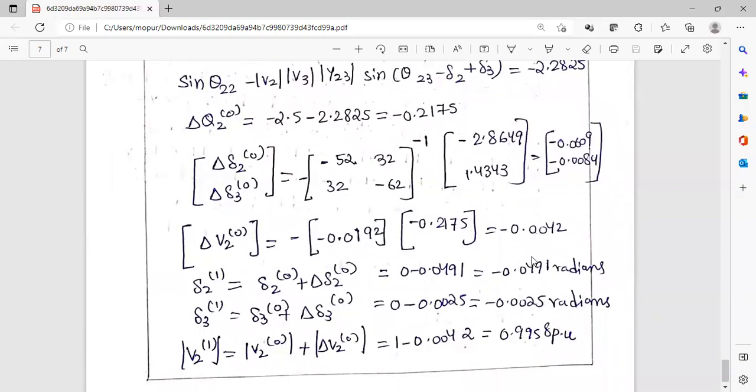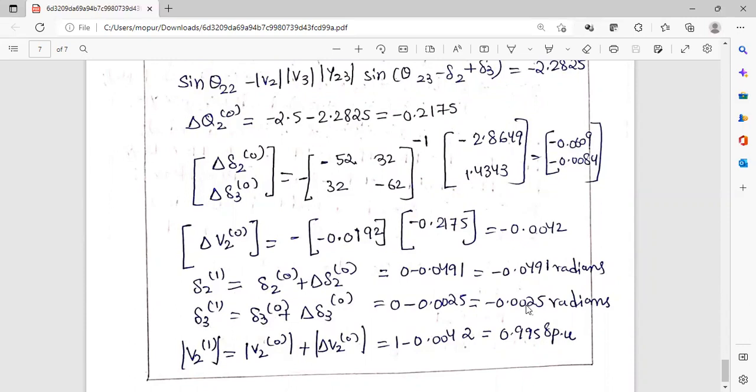Now we got the values. So del 2 of 1 is equal to del 2 of 0 plus del 2 of 0. The first del 2 of 0 is 0, the flat start voltage angle, and the second is this term. Similarly, del 3 of 0 is 0, the flat start, and the correction del 3 of 0 is obtained here, minus 0.0084. So you will get these values.